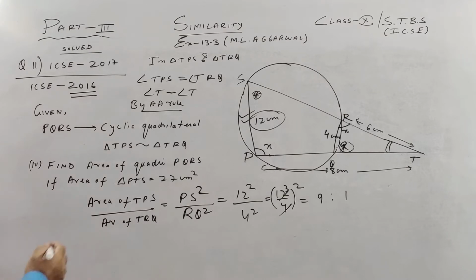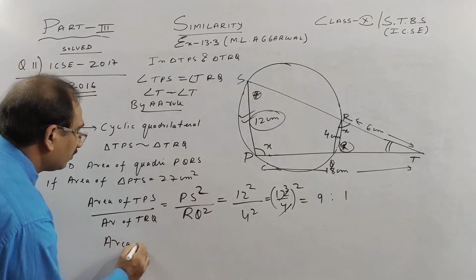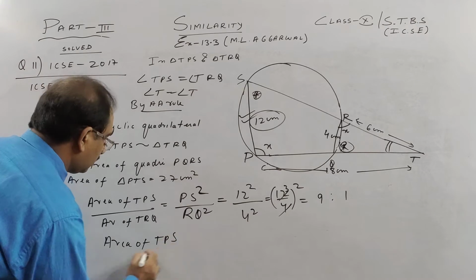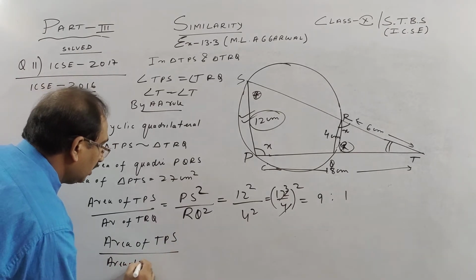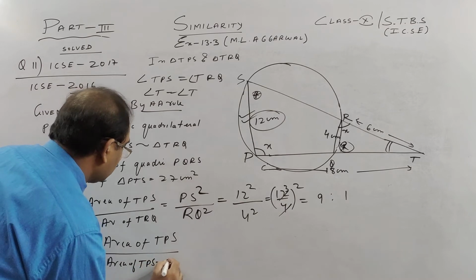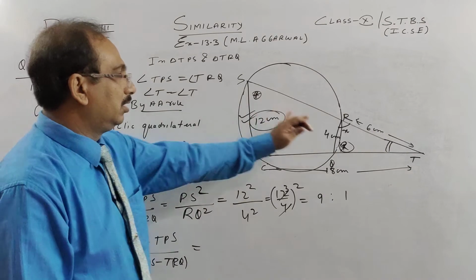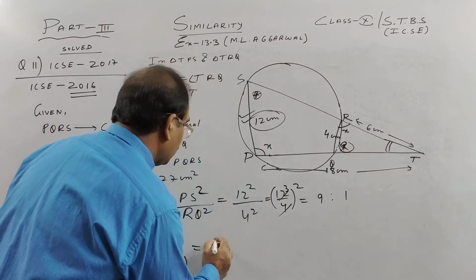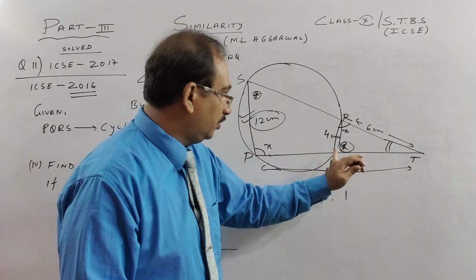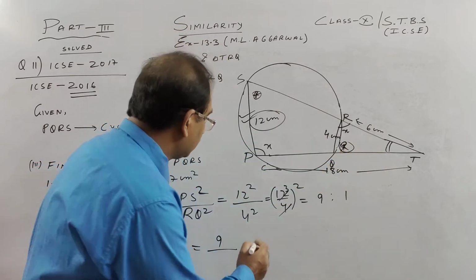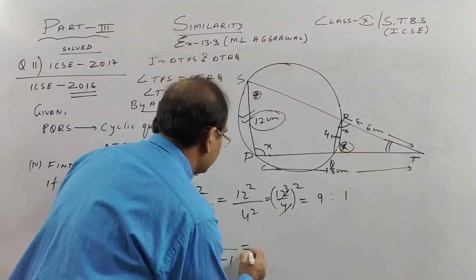Okay, so the big triangle TPS is by... so next what we have to do, children. So this is 9:1. So what we do, area of TPS by area of TPS minus TRQ. So from the total area, if you subtract this, we know the full thing is 9:1. So from this full thing 9, we subtract this 1. Okay, from this total we subtract this 1.